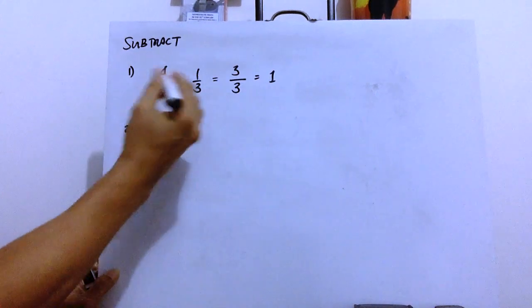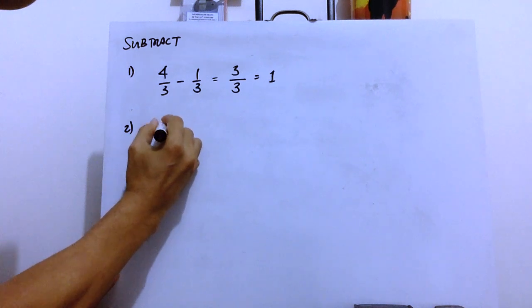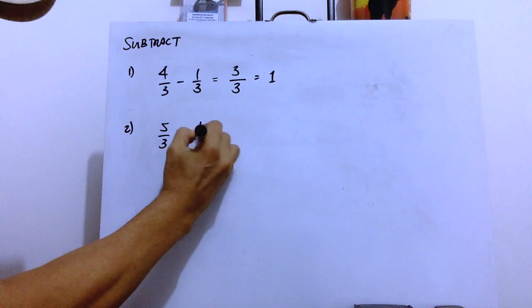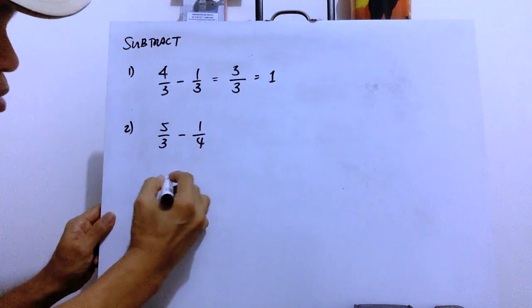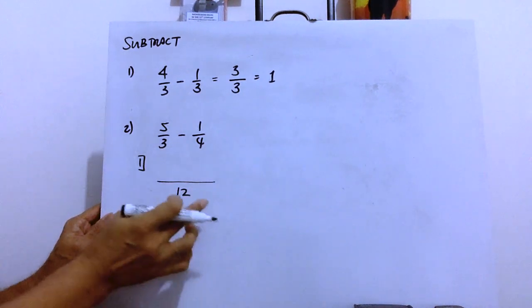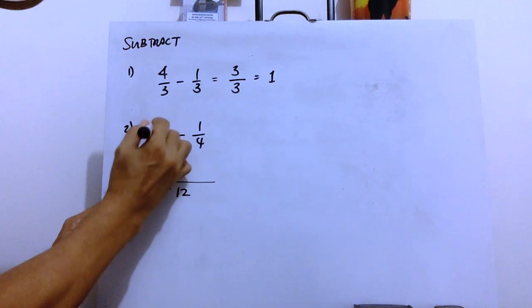Number 2, what if they're different? They're dissimilar fractions. Let's say 5/3 minus 1/4. How do we do that? We apply the 3 methods again. Number 1, get the LCD, so method number 1. 12, divide by 3, multiply by 5.